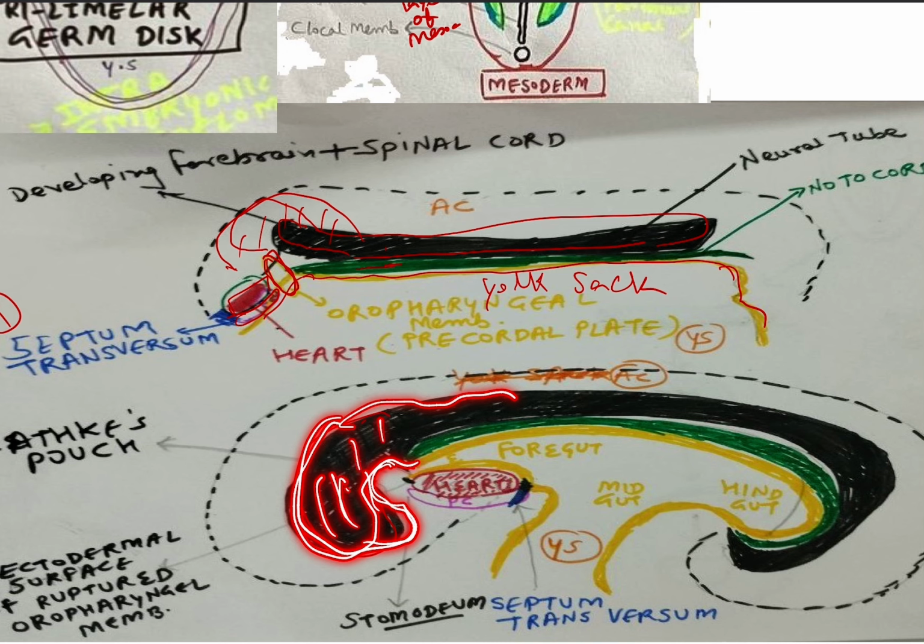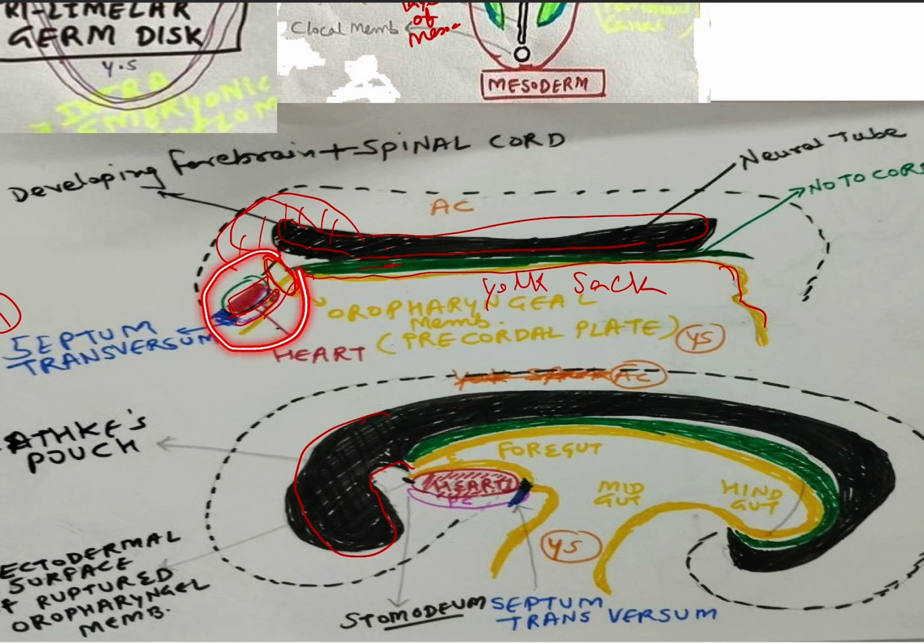Because of this, the cranial part, which is cranial to the buccopharyngeal membrane, starts shifting inferiorly, and finally it comes into the chest cavity like this. Initially the heart is at the cranial part, but when the brain develops comparatively more than the rest of the body, then the heart tube or pericardial cavity with the septum transversum starts going into the chest cavity.